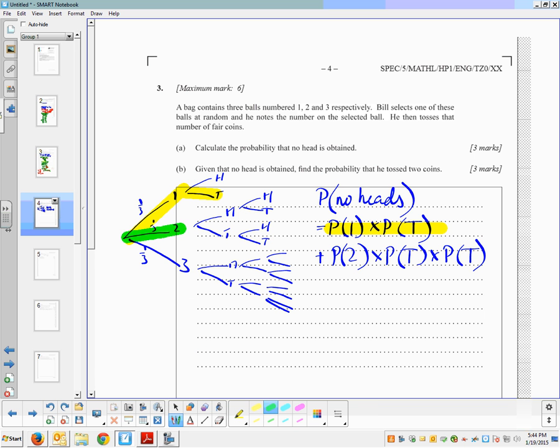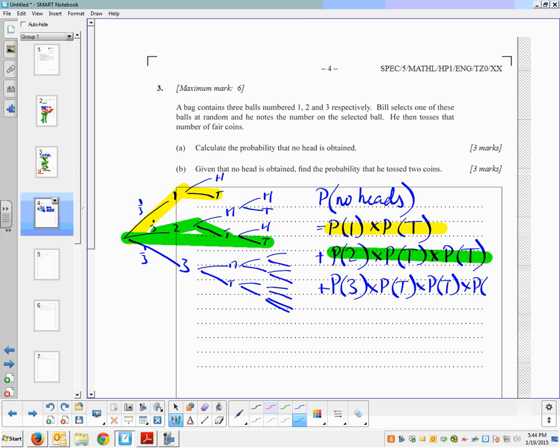That's this branch. And then probability of getting 3, and then tossing 3 tails.